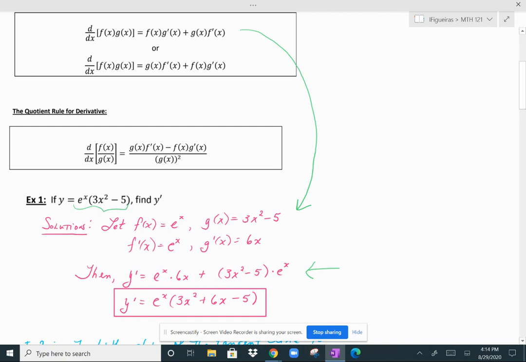And then in order to present it a little bit nicer, I noticed that each product has a common factor of e to the x. So I wrote e to the x in front and factored that out. Then I wrote the terms that were left, which is 3x squared. I put that one first, and then plus the 6x and the minus 5 at the end, so that they are in decreasing order with the highest degree first.